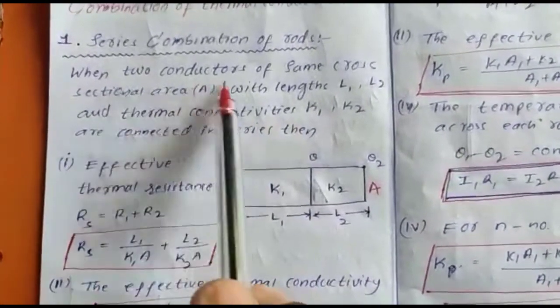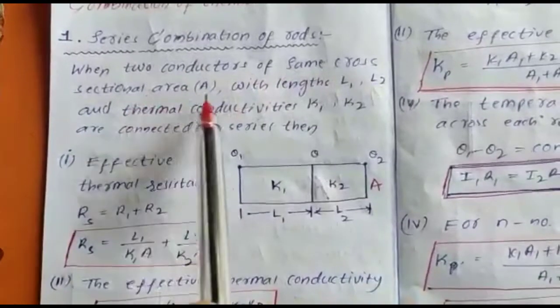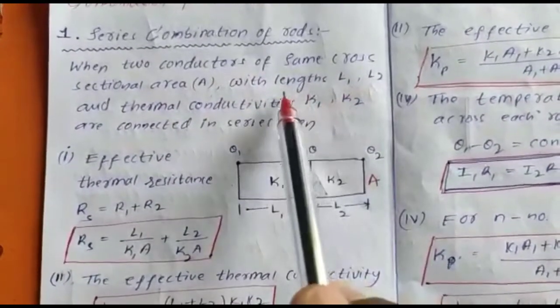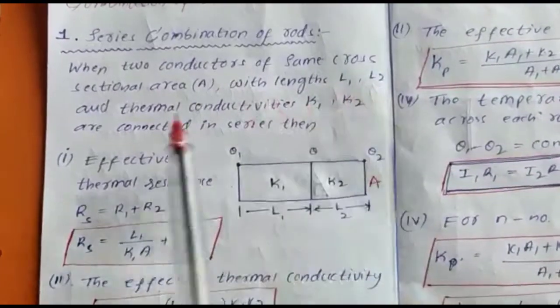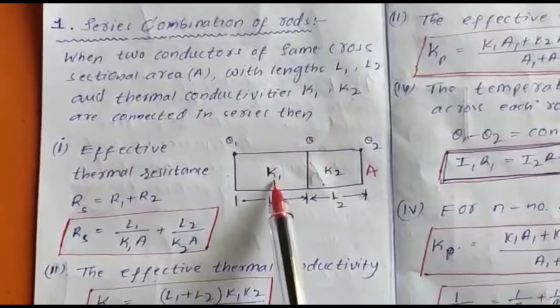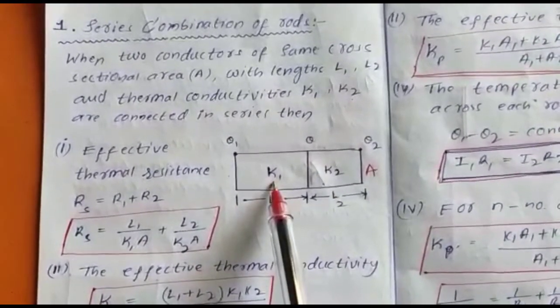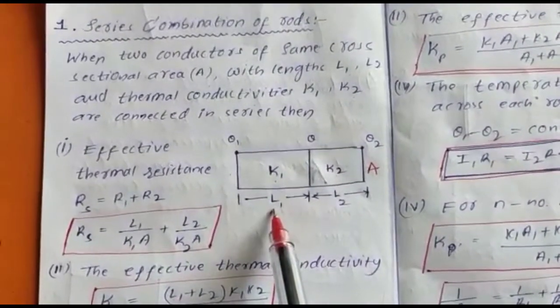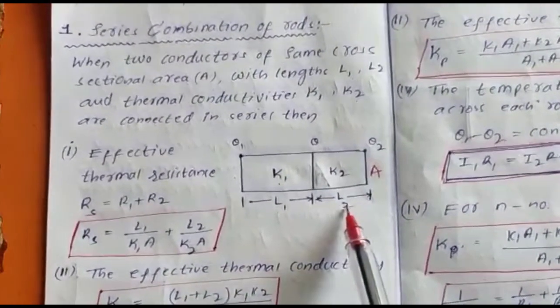So two conductors of the same cross sectional area A, with different lengths L1 and L2, and thermal conductivities K1 and K2. The first conductor has thermal conductivity K1 and length L1, and the second conductor has thermal conductivity K2 and length L2.